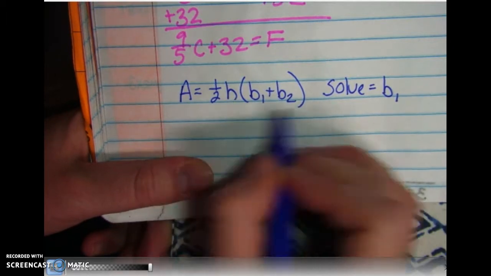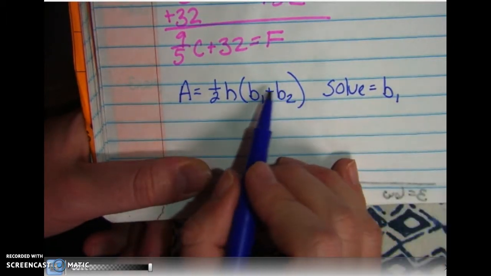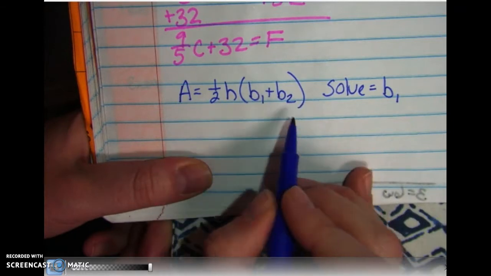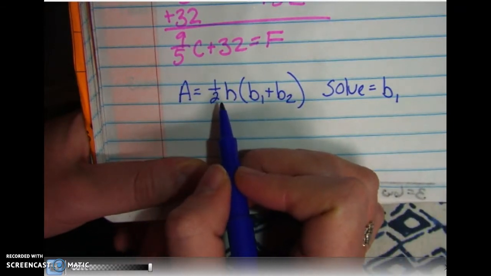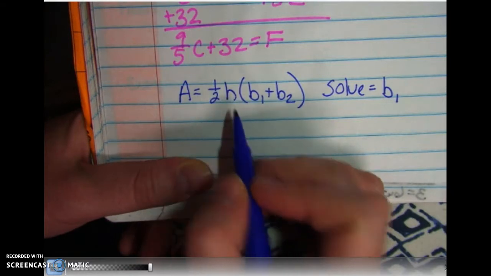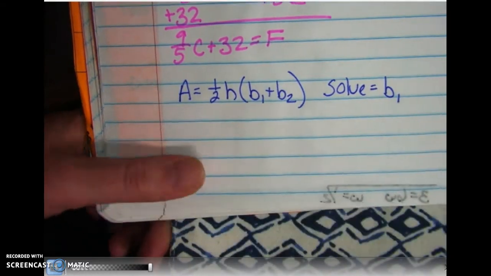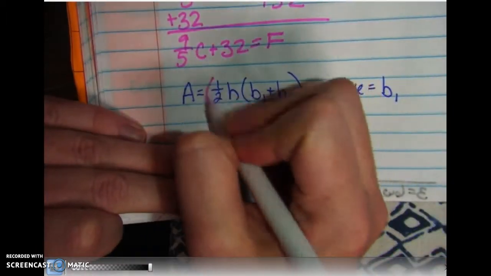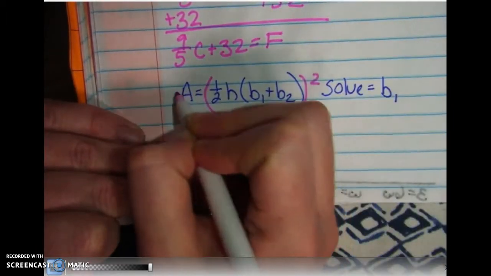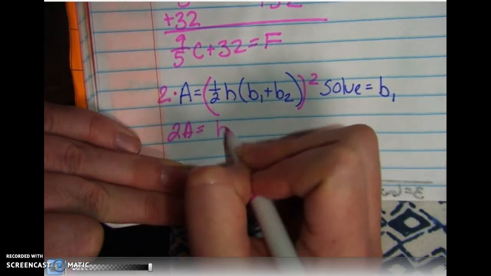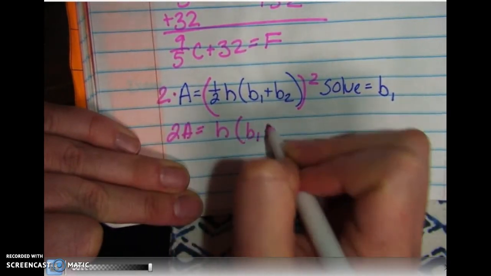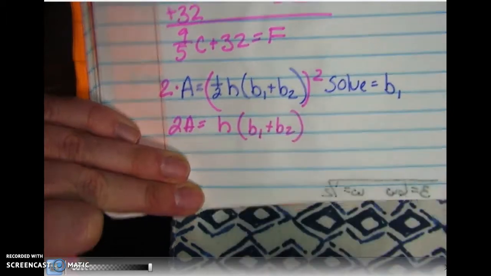Okay. So I want to solve for b1. I can't move this over because that parentheses is there. So there's two ways we can do this. I can move over a half an h altogether, or I can get rid of the fraction, which I'm going to do first. So I'm going to multiply that by 2. So I'm going to get 2a equals h parentheses b1 plus b2.